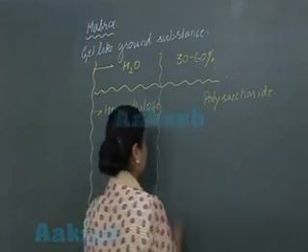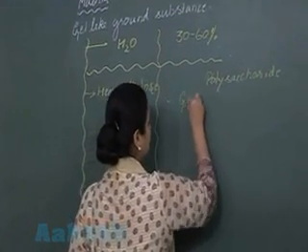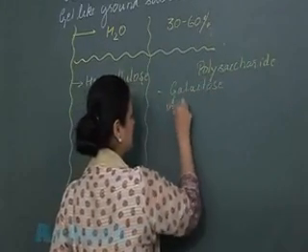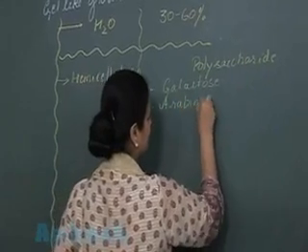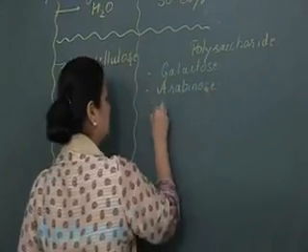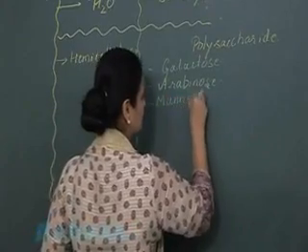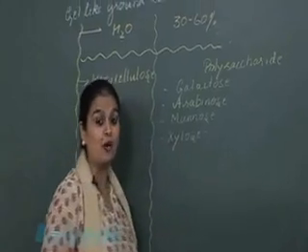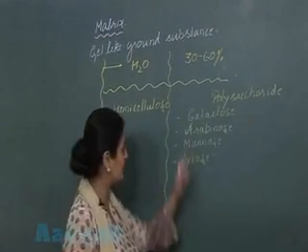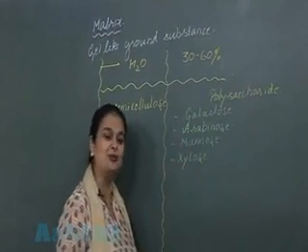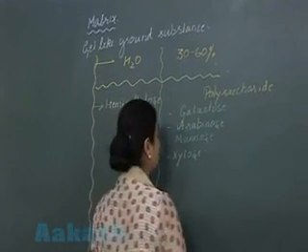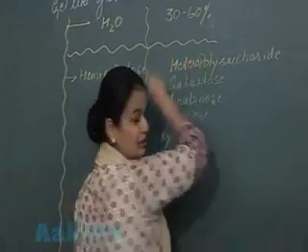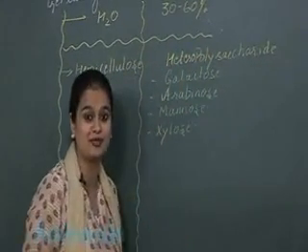And inside this polysaccharide, the monomers present are galactose, arabinose, mannose and xylose. So the monomers present inside this polysaccharide are different. If the monomers are different, so this polysaccharide can simply be known as heteropolysaccharide because of the presence of different types of monomers.